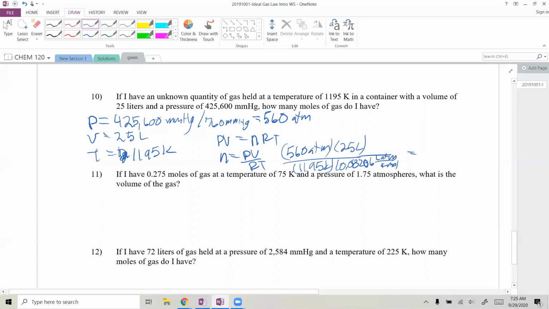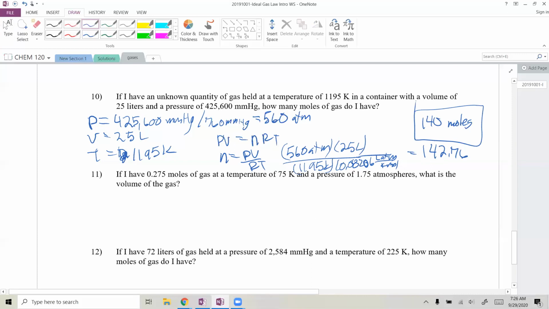So 560 times 25 divided by 1195 divided by 0.08206. Then we get a moles of 142.76, which really comes down to 140 moles.